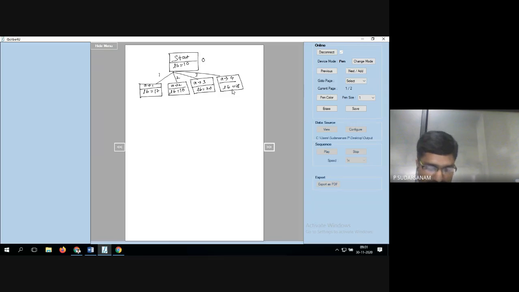We have taken A is equal to 2. That is the fifth step. B is equal to 1, lower bound is equal to 13. Sixth one, B is equal to 3, lower bound is equal to 14.